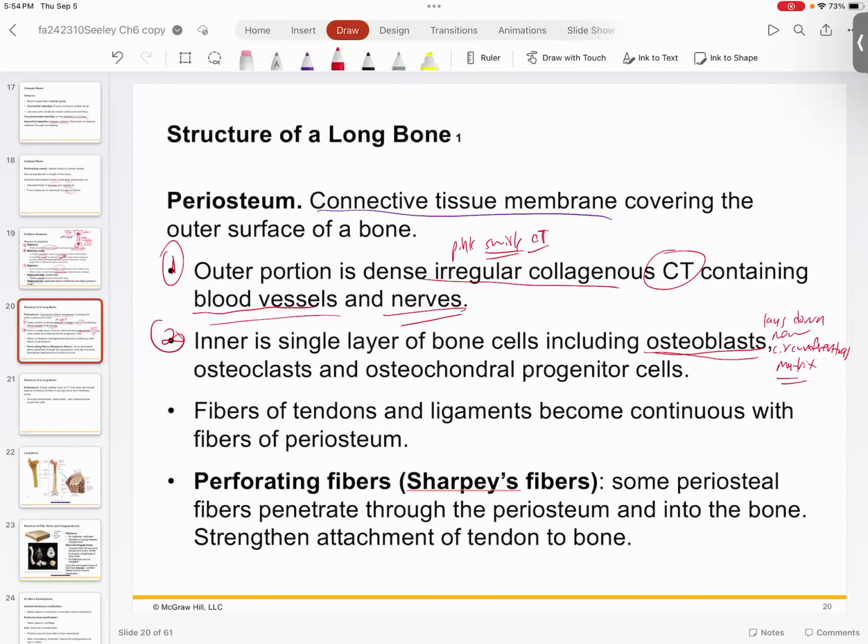It's also going to have osteoclasts, and it's going to have osteochondral progenitor cells to basically make new cells. So that's going to be important when we talk about bone repair a little bit later on. So these are basically in that cellular layer. This is the reason why it's oftentimes referred to as the cellular layer, because it has the cells in there.